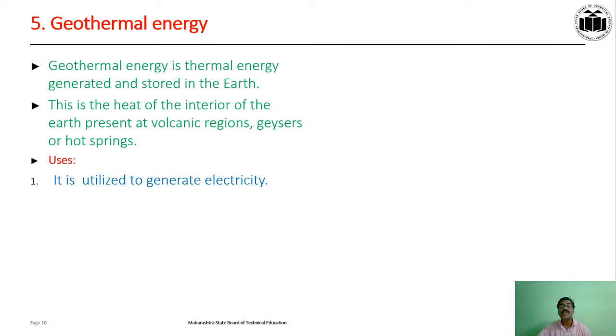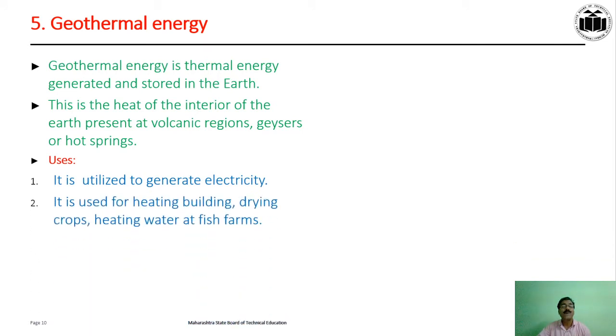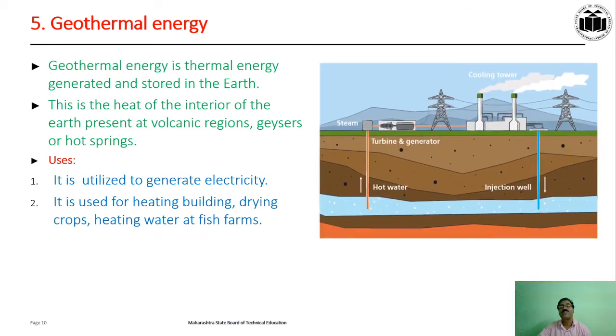It is utilized to generate electricity. It is used for heating buildings, drying crops, heating water at fish farms. This is a geothermal energy station, where hot water gets converted into electricity using a number of operations.